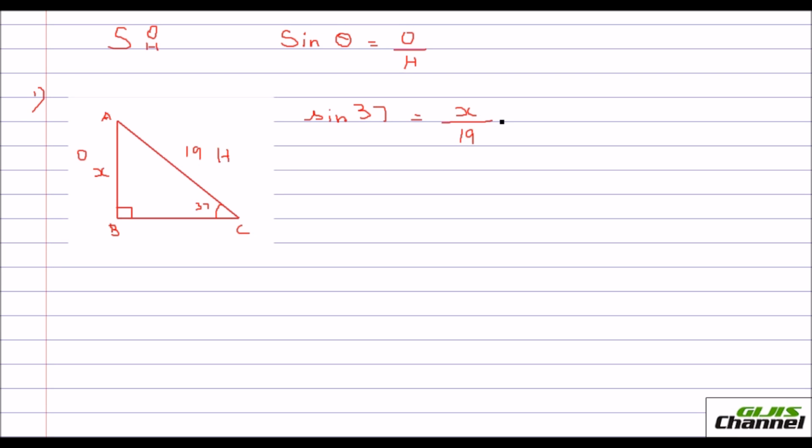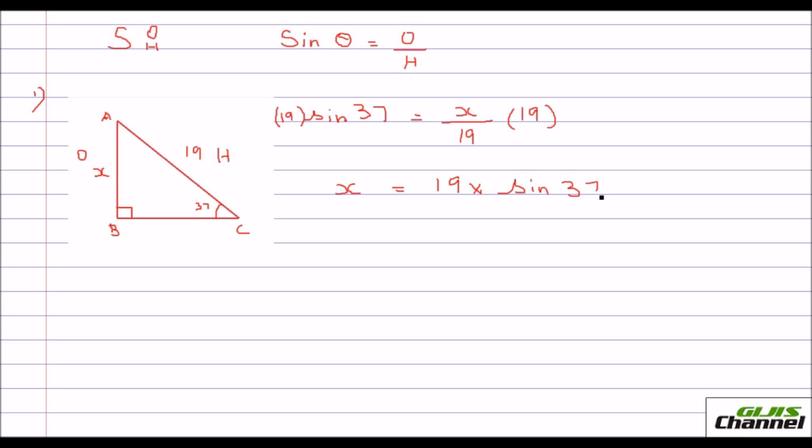Now you need to find x, right? So you have to undo the 19 here. For that, you multiply both sides by 19. Multiply both the left and the right hand side by 19. So you get x is equal to 19 times sine 37.